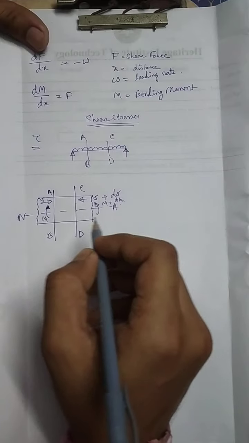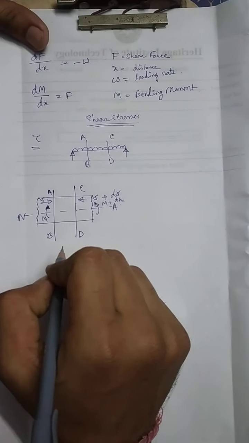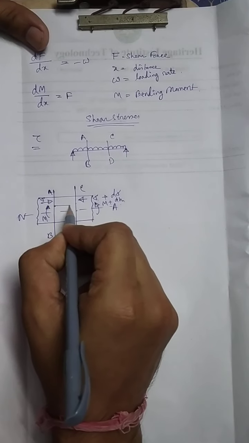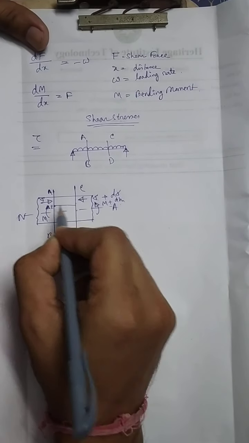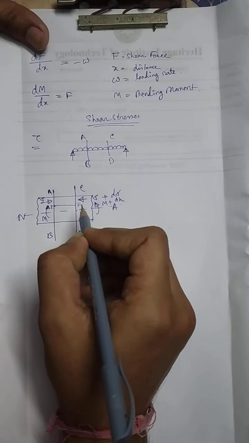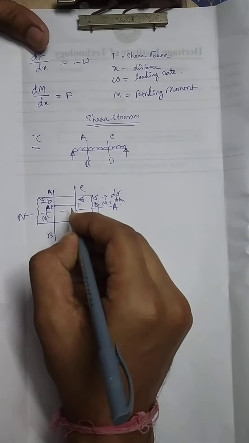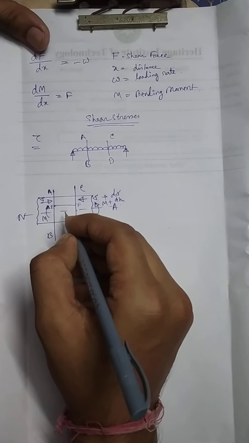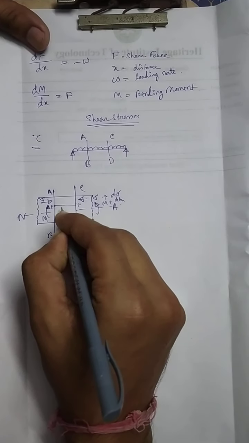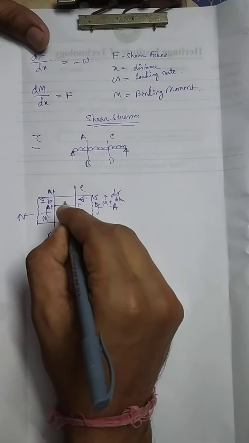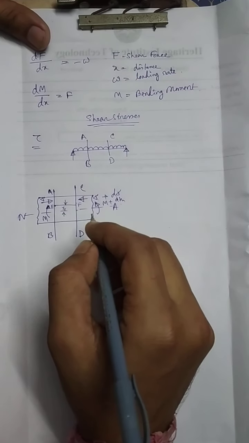Now because of these forces, consider a section EF at a distance of y1 from the neutral axis.